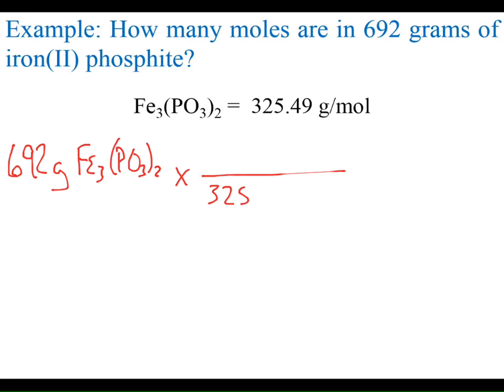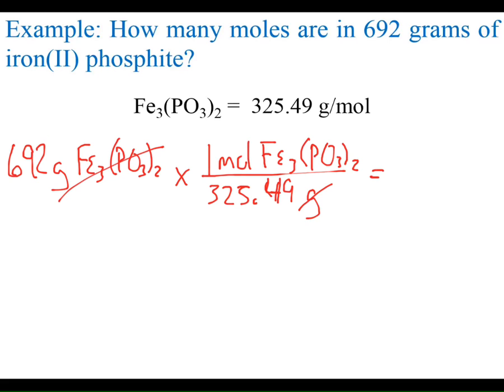So 325.49. Try that again. Grams on the bottom. So the mole, don't forget to write what the mole is of, must go on top. So grams cancels, now we've got moles, so I'm ready to work this out.